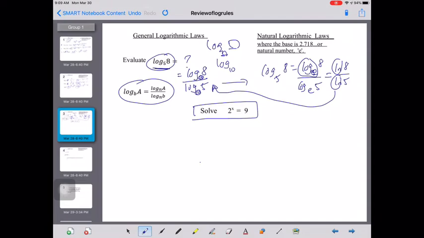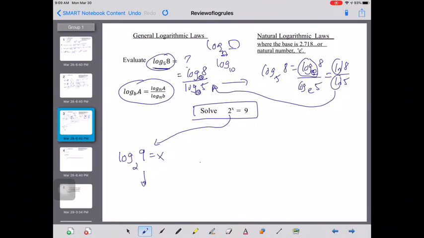So when it comes to solving exponential functions, there's a couple of ways right now. Over here, this is purely exponential form. You can go directly to change this into log form. So in this case, we have log, the base is 2, the argument is 9, equals x. So some students may have this in their calculator already.